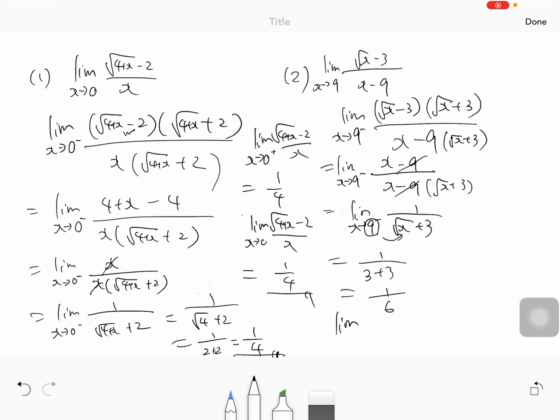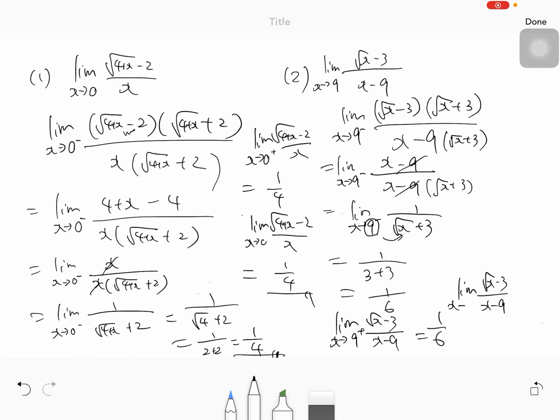And similarly, as x approaches 9 from the right side, you are going to do the same thing. So the value is going to be 1 over 6. So the answer of this question, limit of square root of x negative 3 over x negative 9 as x approaches 9, is 1 over 6.